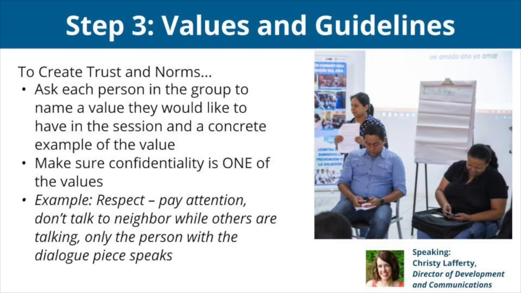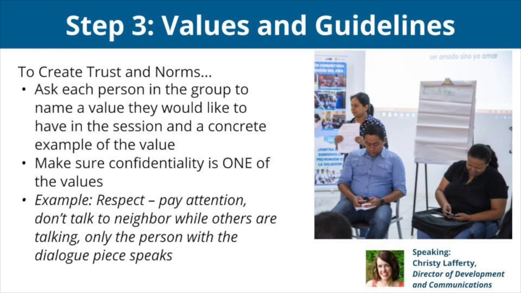So setting up values and guidelines, to me, is one of the super valuable and important aspects. You don't want to skip this when doing a circle. When we're in a conflict, we're so often reactionary, so we set trust and values around the norms that we're going to use when we're in this space together.